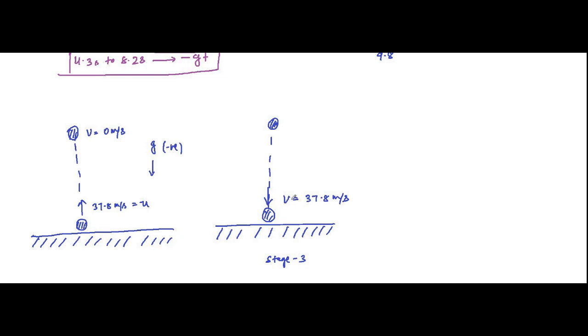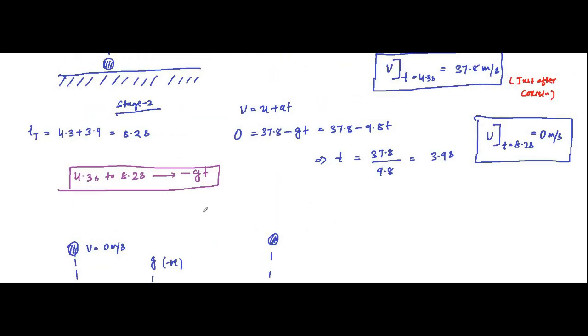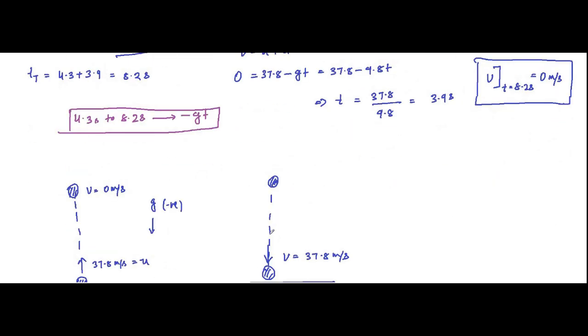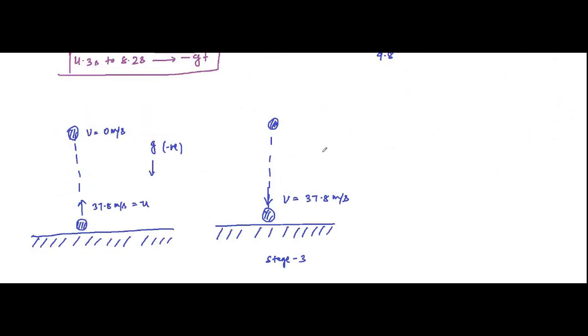And it will take the same amount of time to attain that velocity, 3.9 seconds, another 3.9 seconds, because time of ascent is equal to time of descent.